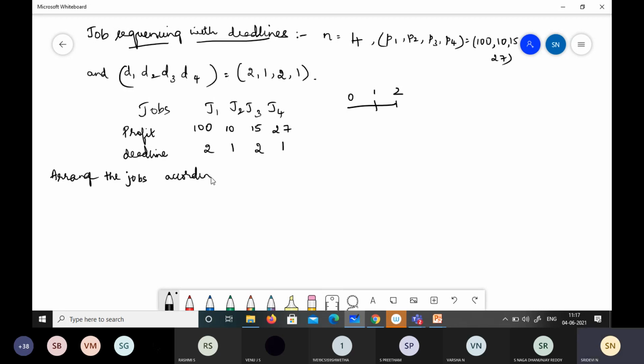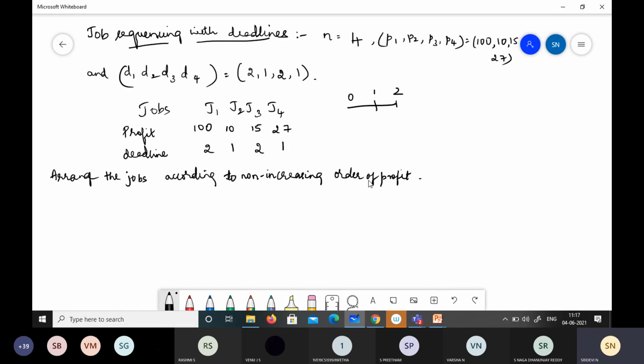What does non-increasing order of profit mean? It means decreasing order.